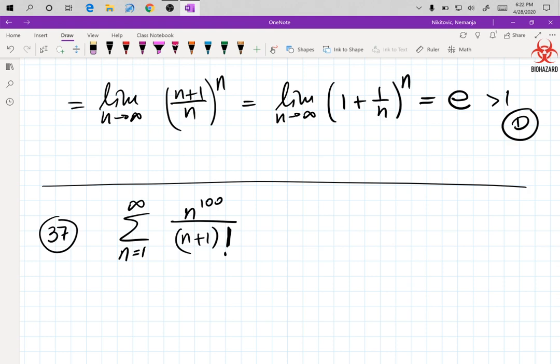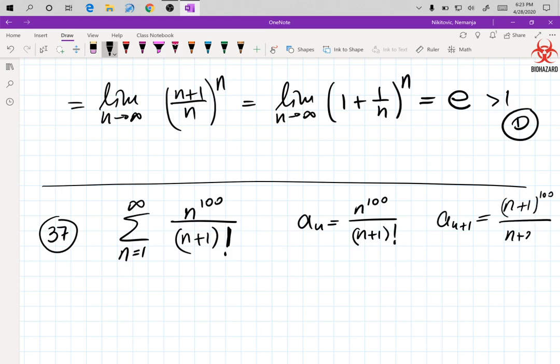But let's see. My an is n to the 100 divided by (n plus 1) factorial. My an plus 1 is (n plus 1) to the 100 divided by (n plus 2) factorial.